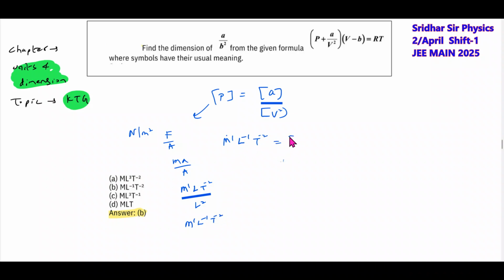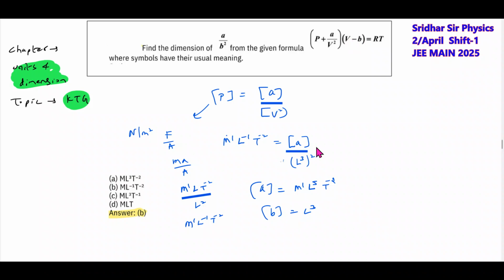This should be equal to the dimensions of a by V square. Volume square will be L cube square. So the dimensions of a will be M1 L to the power of 5 T minus 2. The dimensions of b will be L cube, because it is a volume. Volume will be L cube.